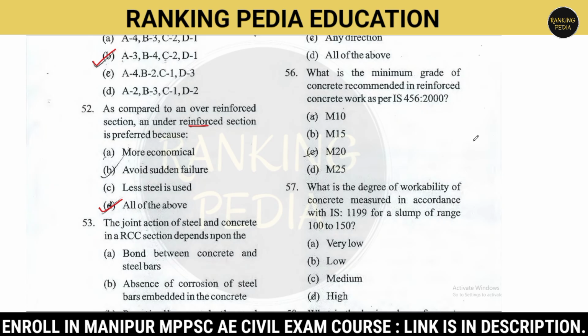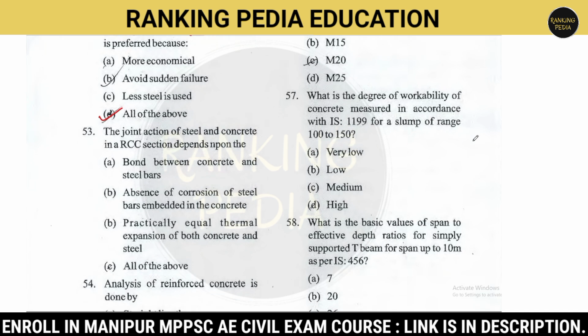Next is question number 53. The joint action of steel and concrete in an RCC section depends upon the: option A, bond between concrete and steel bar. Option B, absence of cohesion of steel bars embedded in the concrete. Option C, practically equal thermal expansion of both concrete and steel. Option D is all of the above.